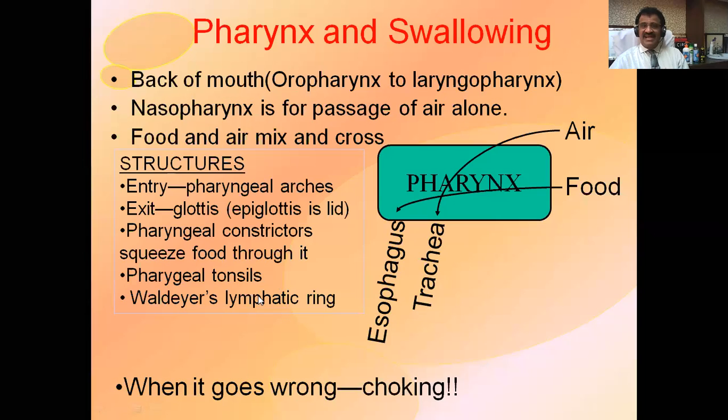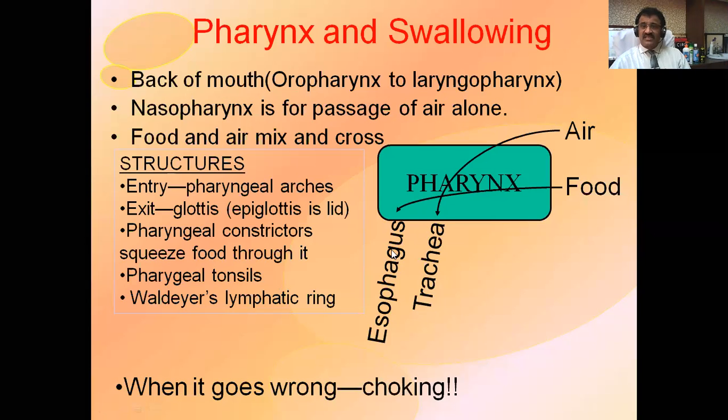And there is Waldeyer's lymphatic ring made up of those 4 tonsils which I talked about the other day. Two palatine tonsils, one lingual tonsil in front and one pharyngeal tonsil behind. So 1, 2, 3, 4. They are connected by lymphatics to each other and they make a ring, and that ring is called Waldeyer's lymphatic ring.